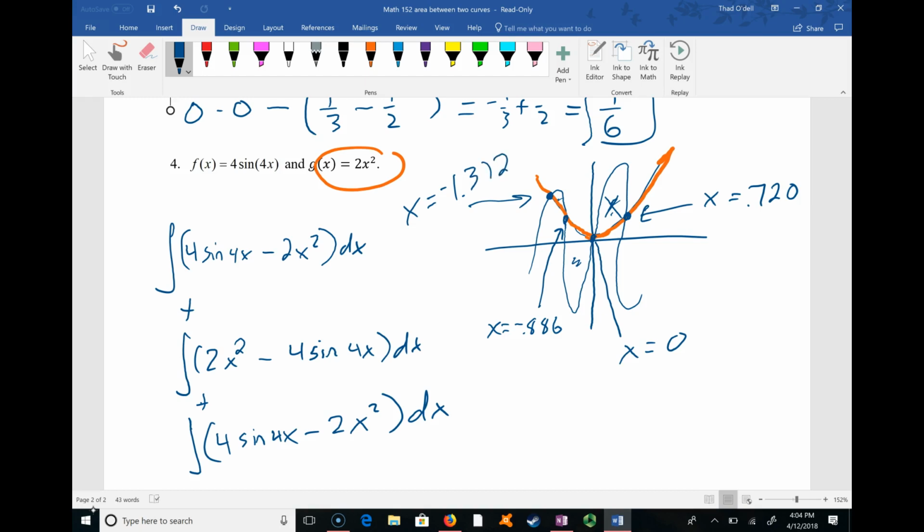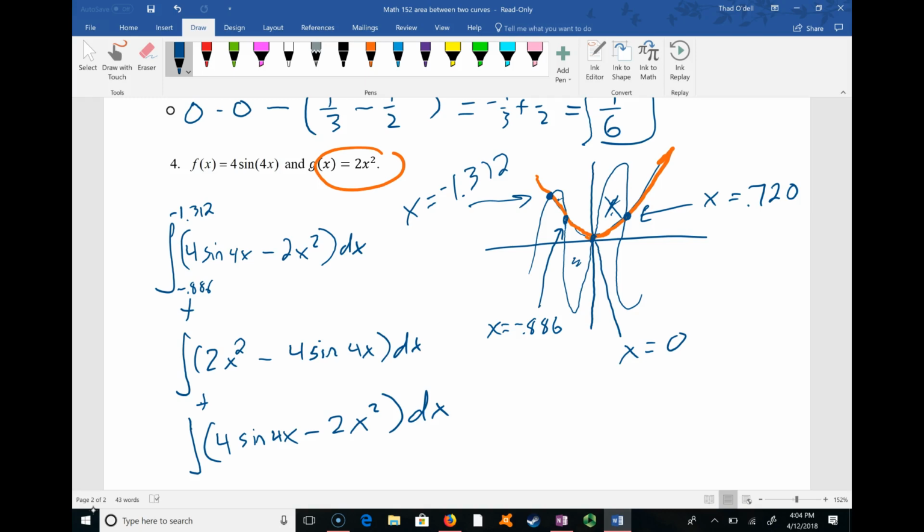So then we're going to put those limits of integration. So the first integral is going to go from negative 1.312. That's the first point, and it'll go down here to that second one, which is negative 0.886.